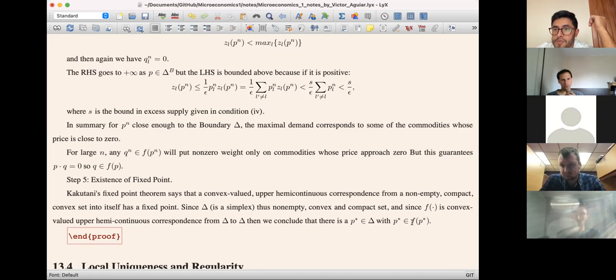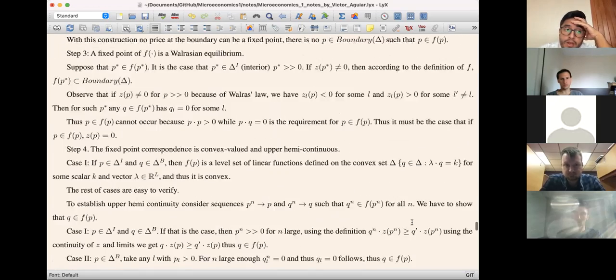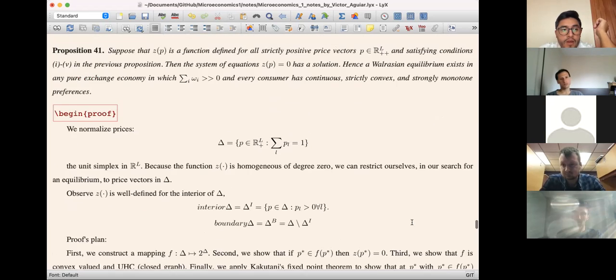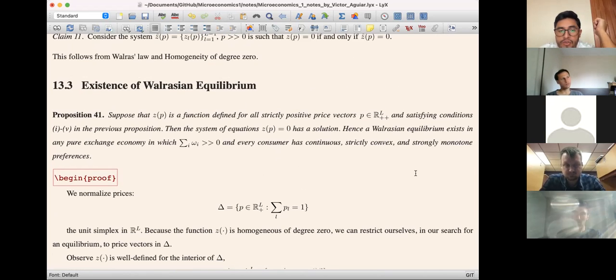From the previous steps, we know that a fixed point is also an equilibrium. So we have established that the general equilibrium system of equations has an equilibrium. Remember that this happens under conditions 1 and 5, which are implied by having consumers that have continuous, strictly convex, and strongly monotone preferences.